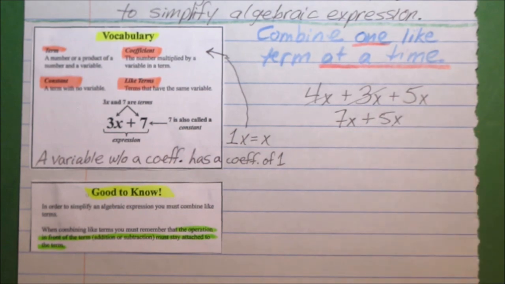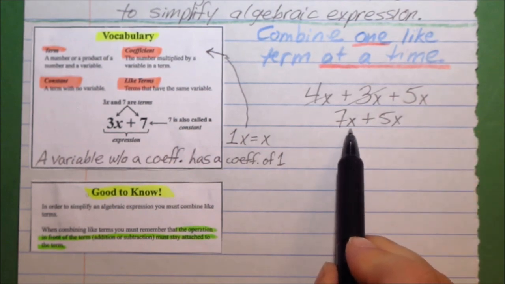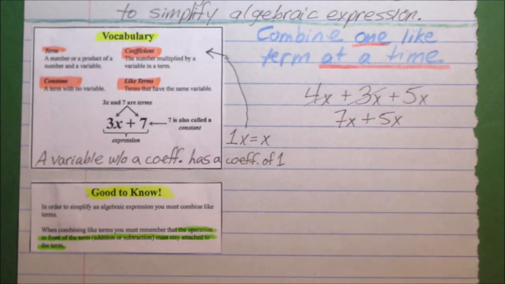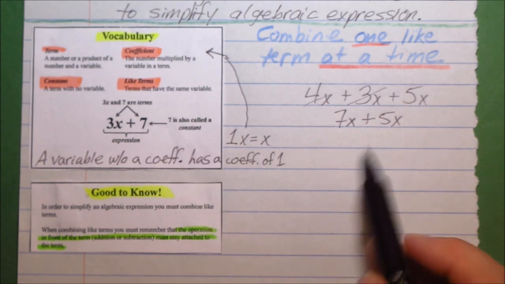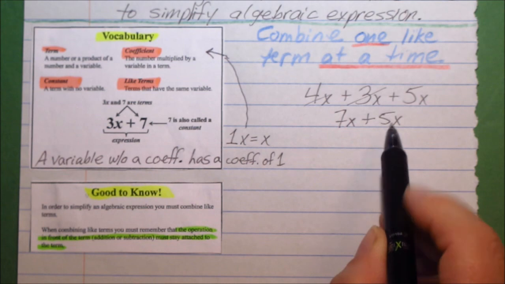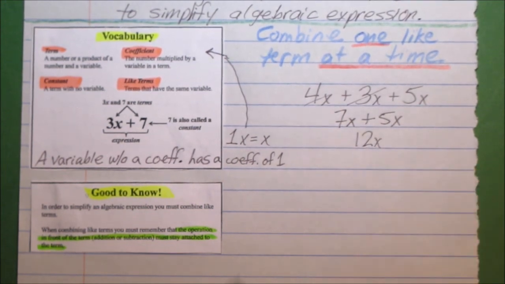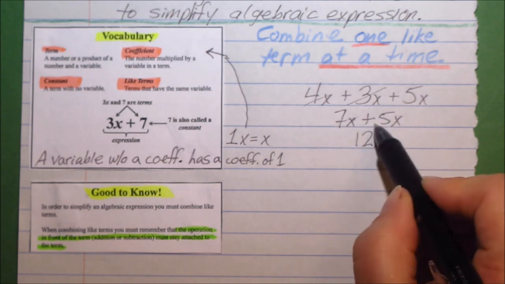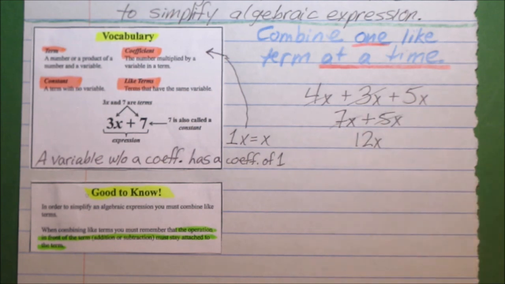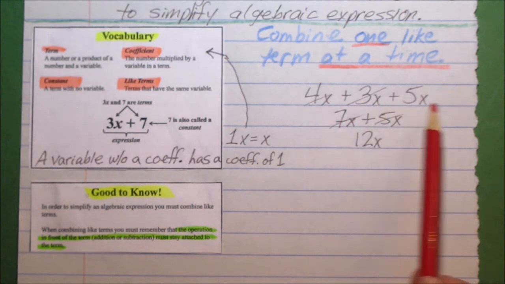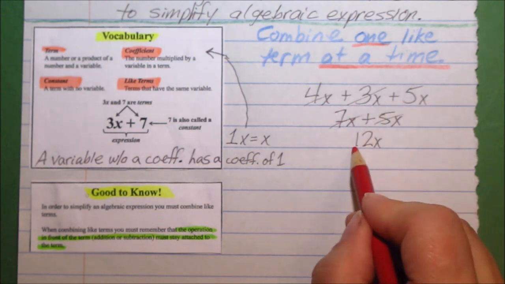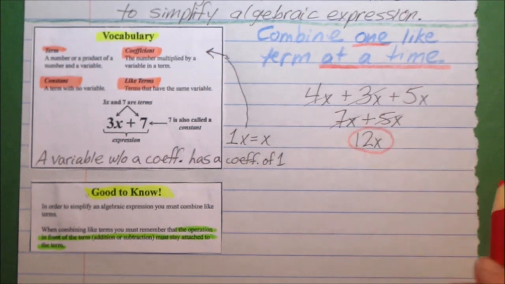Okay, and now I evaluate again. Are 7x and 5x like terms? Yes, they are. So 7 plus 5 is 12, keep that variable. And now I have combined those two. I've combined all of my terms, and the expression 4x plus 3x plus 5x is simplified to 12x.